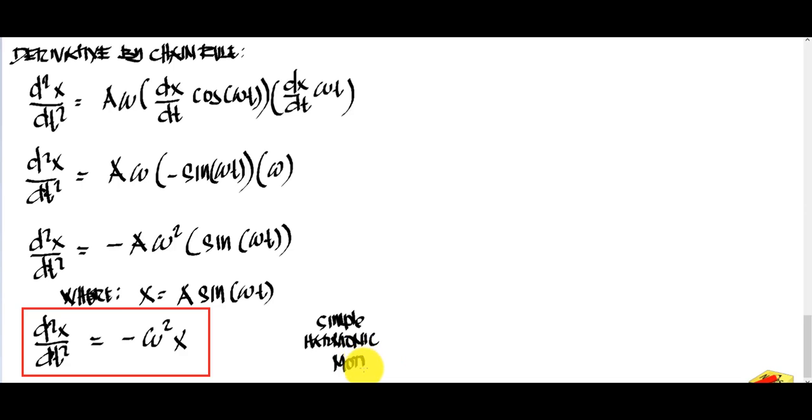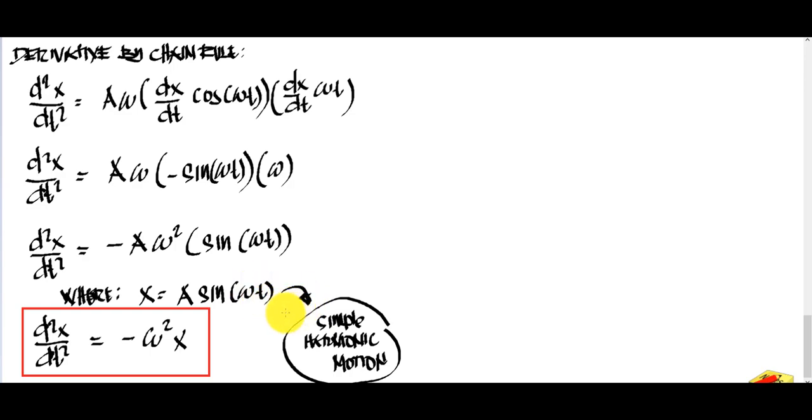So if we have a vibration where the acceleration is dependent on the displacement, it is called a simple harmonic motion. So the motion given by x equals a sine of the angular velocity times time is an example of a simple harmonic motion.